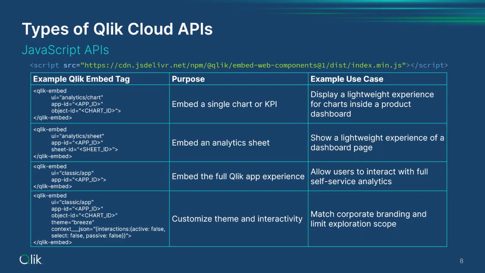Qlik JavaScript APIs, especially under the umbrella of Qlik Embed, make it easy to bring analytics into any web application. Using simple declarative HTML tags, you can embed charts, sheets, the full Qlik UI, and add customization to the embedded content. These APIs, through Qlik Embed and the new Qlik API, allow you to interact with our REST and Engine APIs.